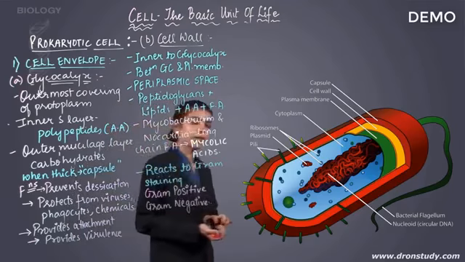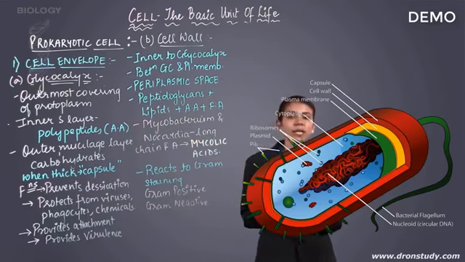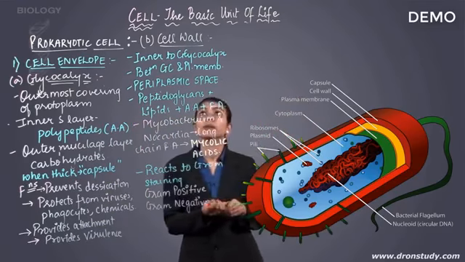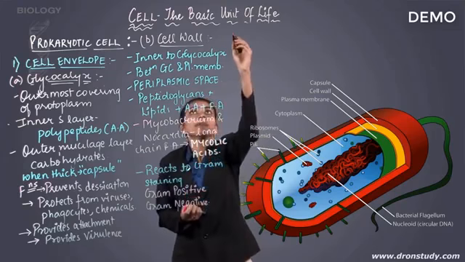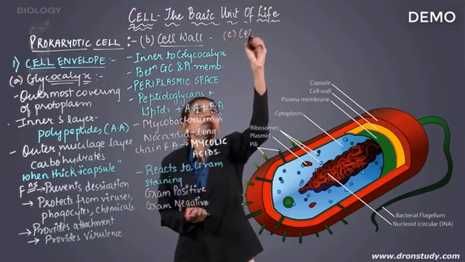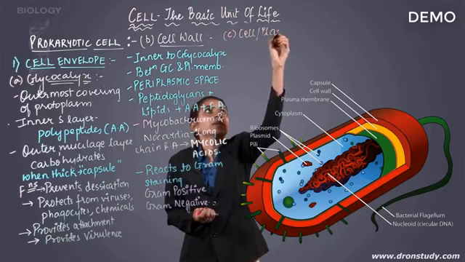Now going on to the third and the innermost layer of the cell envelope, which is the plasma membrane. So we have at C the cell membrane or the plasma membrane.